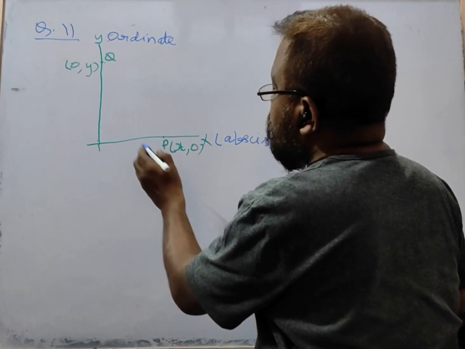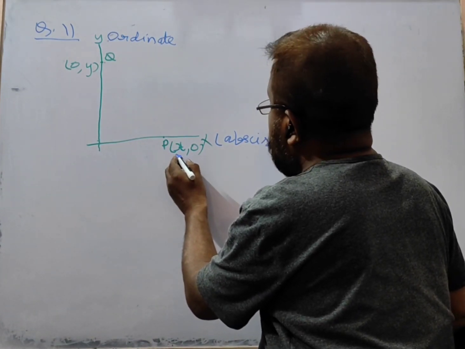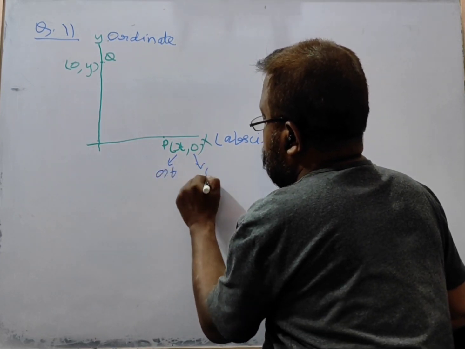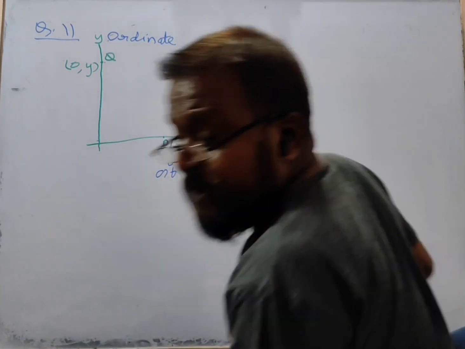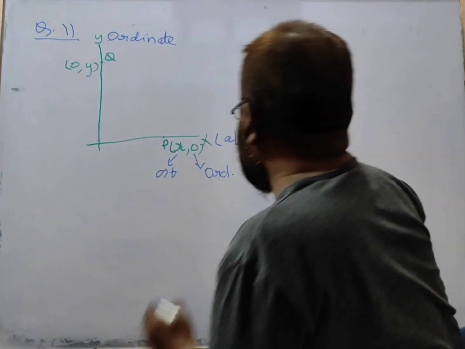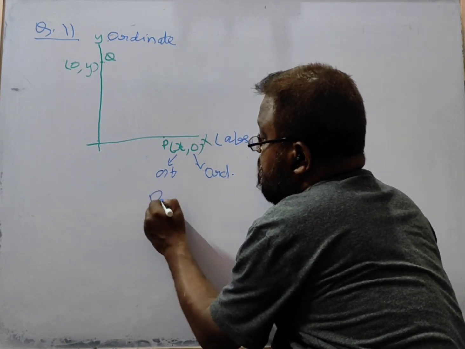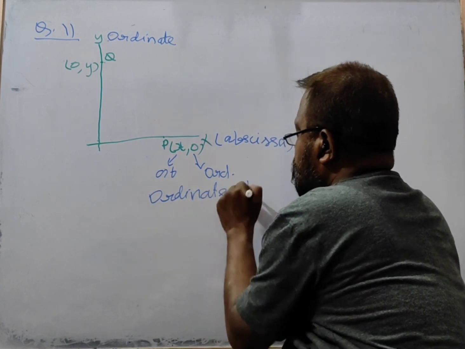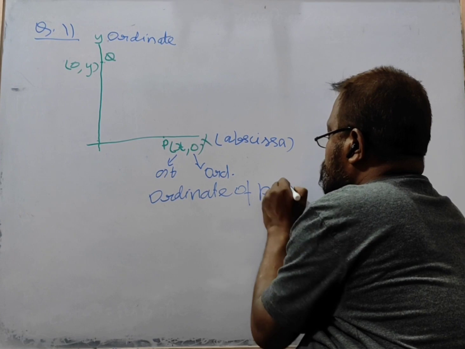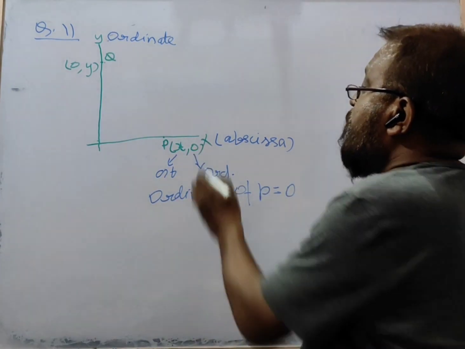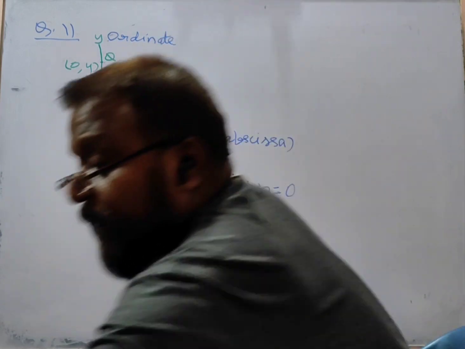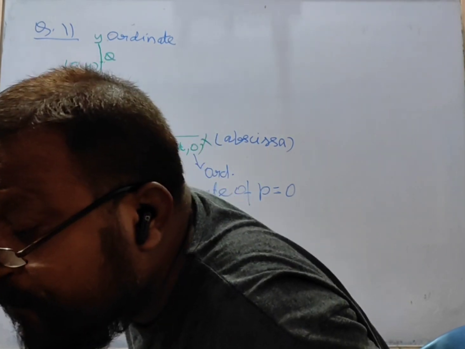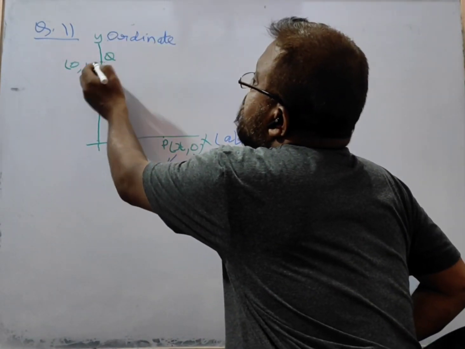So for P, this is abscissa and this is ordinate. It is asking to write the ordinate of P. So the ordinate of P is 0. This is x comma 0. And then you have to write the abscissa of Q.